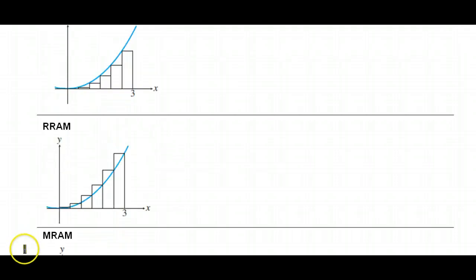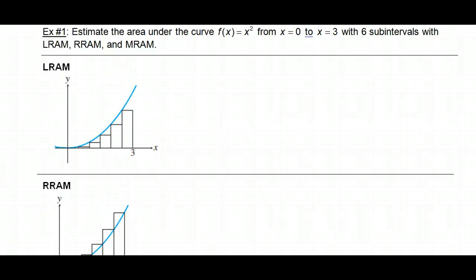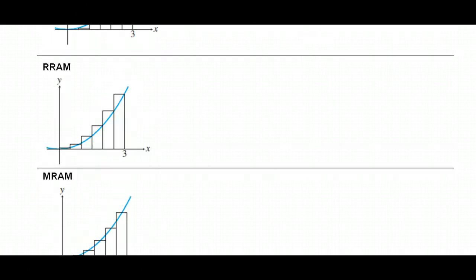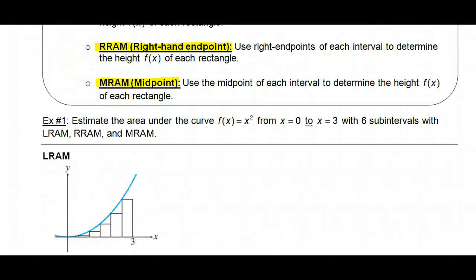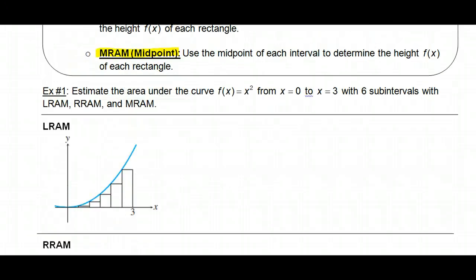If you look closely, the rectangles are drawn at a different location. The bases are all the same, but the heights are determined by where the endpoint hits. Let's look at left-hand approximation first.